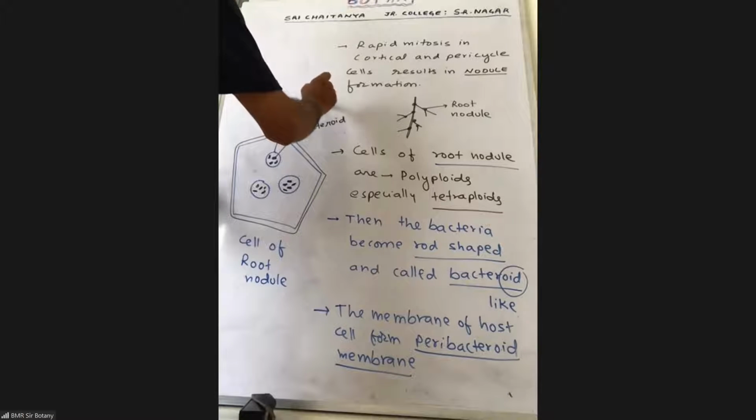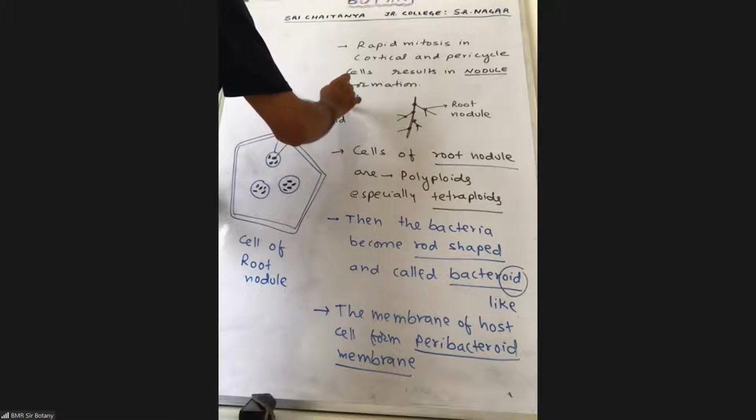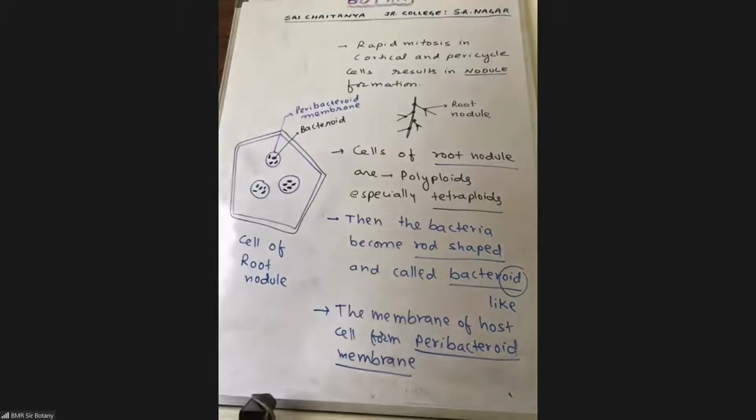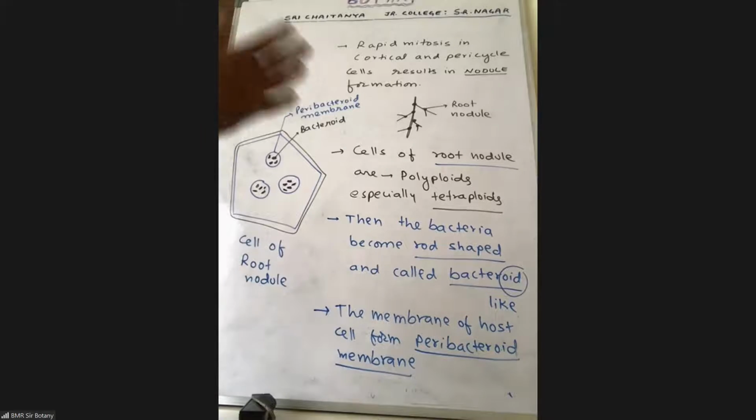What does peri mean? Around. Remember, periplastidial space, around the plastid; perimitochondrial space, around the mitochondria; perinuclear space, around the nucleus; pericycle, around the stele.